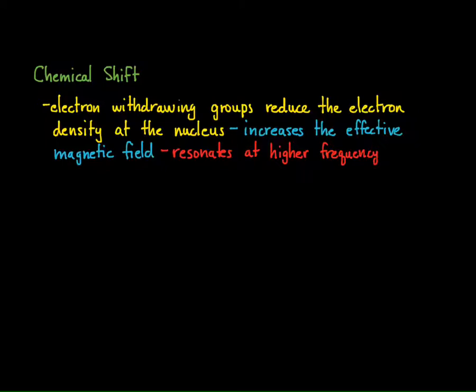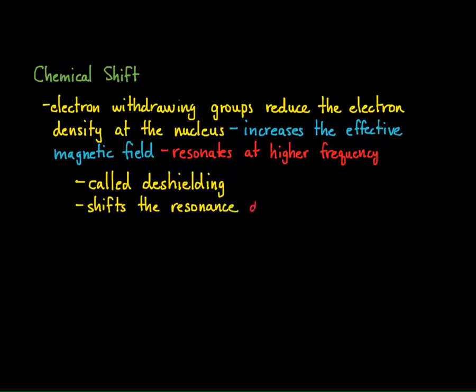This whole process we call de-shielding. Electron shield, now we have electron withdrawing groups that are creating a de-shielding effect. And we say that the chemical shift, or the shift in that resonance, is downfield. So it shifts the resonance downfield.